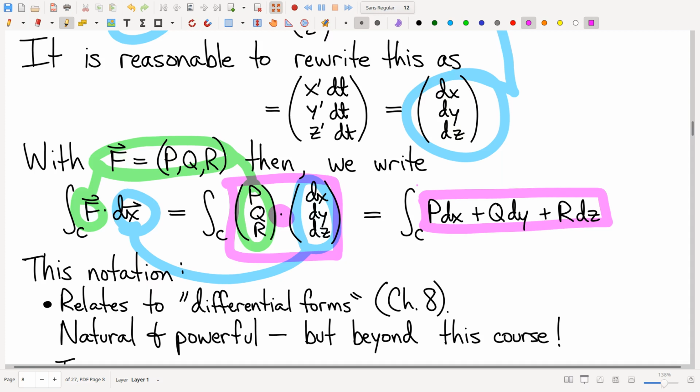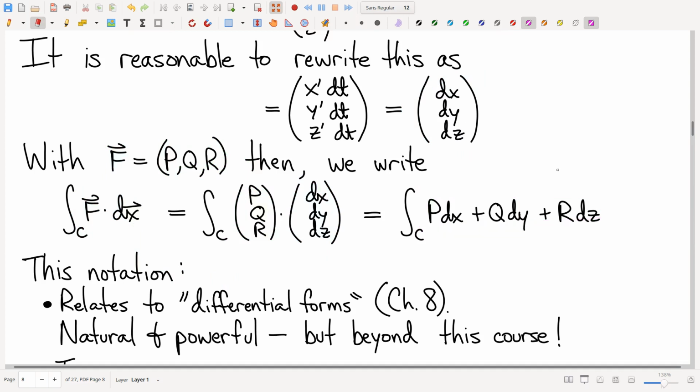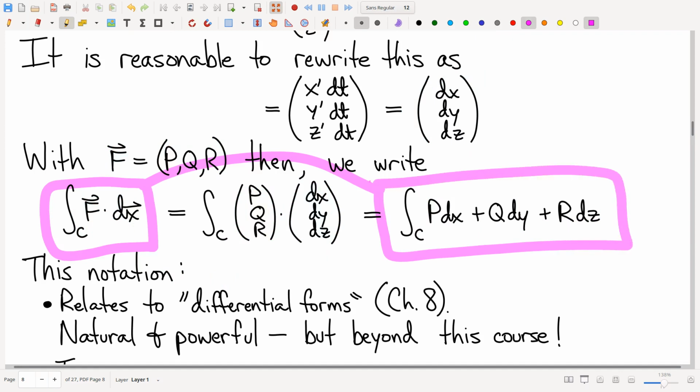So all together then, now again, I haven't really done anything, right? This is not a new kind of Riemann sum or anything like that. It's really just kind of a notational sort of expansion of what we had already. And so punchline, this is just a notational alternative.